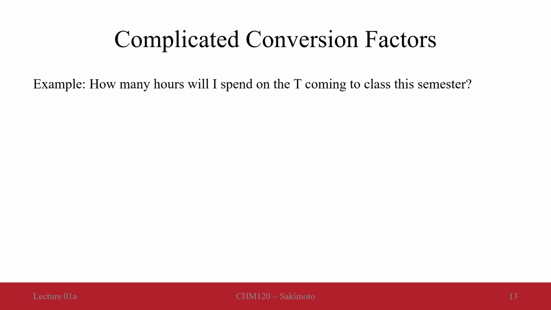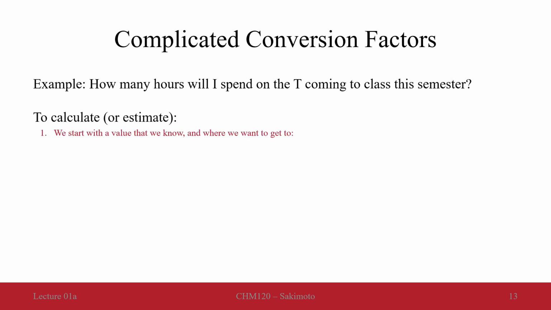Now, this is definitely something that you might be interested in. We want to know how long we're going to spend on public transport, but we may not be able to measure directly the number of hours we spend on the train. Instead, we could estimate or calculate a much easier thing, something we already know and can count much more readily.